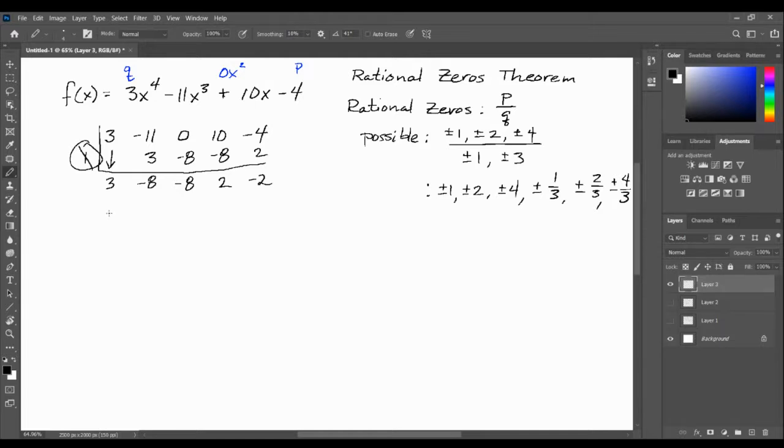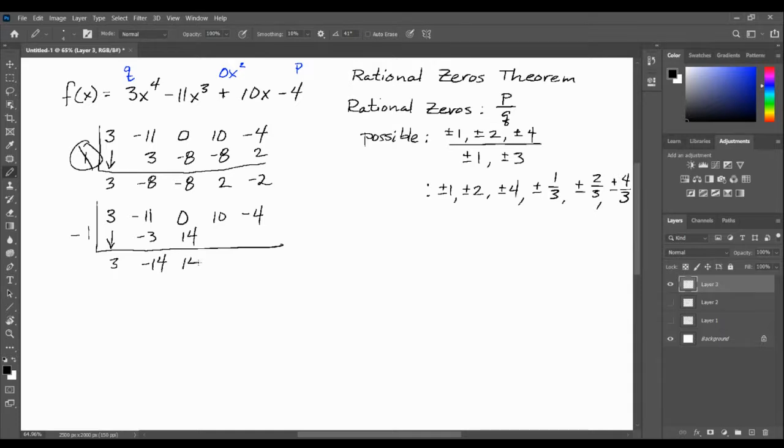Let me use the same coefficients, and I'm going to go ahead and try -1 now. Again, bring down the leading term. Times -1 is -3. Plus 11 is -14. Times -1 is a positive 14.